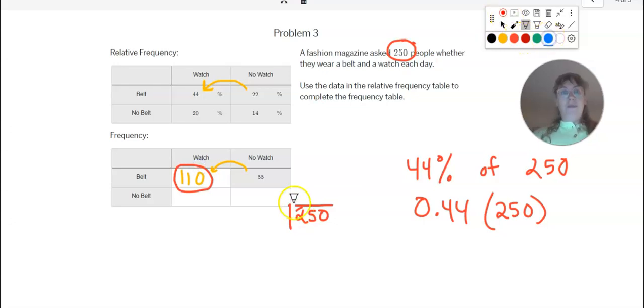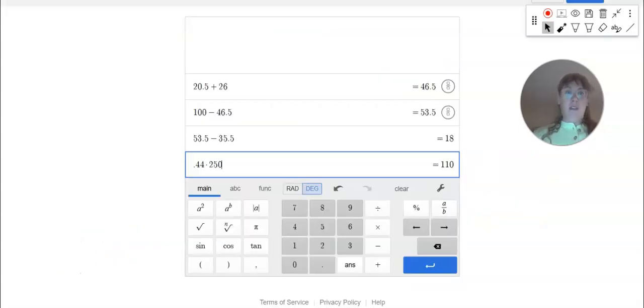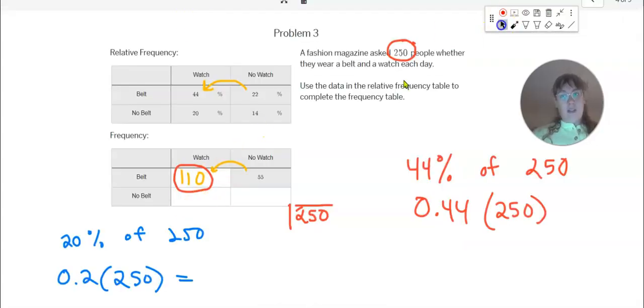So let's do another one. If we're finding 20% of 250, right? We're doing 0.2 times 250. And that gets us 50. So this is 50 people wear a watch but no belt.